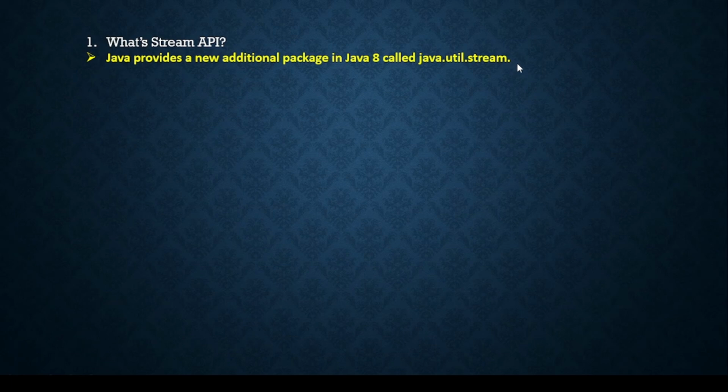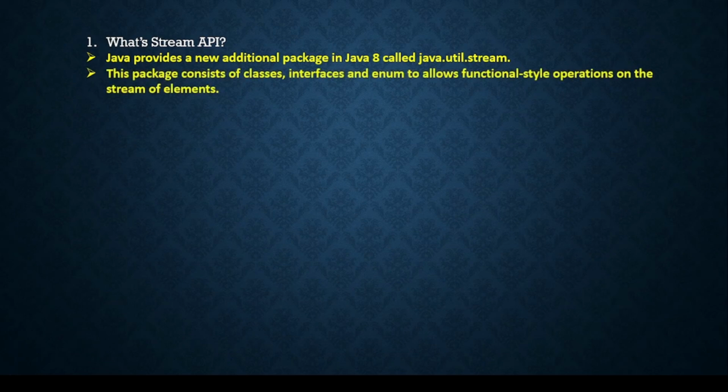If we are going to work with the stream API, then we need to import this package. This java.util.stream package consists of multiple interfaces, classes and enums, which provide a functional style of operation on streams of elements.